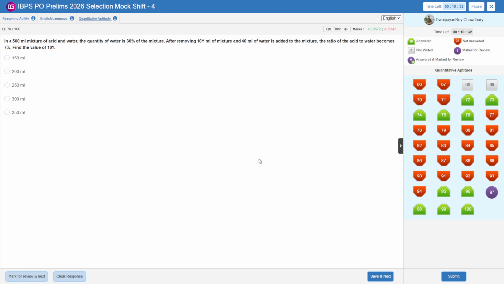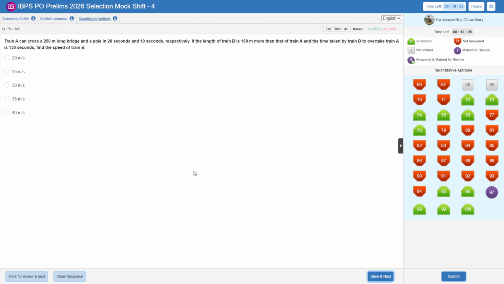The ratio becomes 7 to 5. So the ratio must have been 7 to 3 only. After adding how much? 2, 40, right? So this 2 is 40. So then 10 was 200. So 300 must be removed.